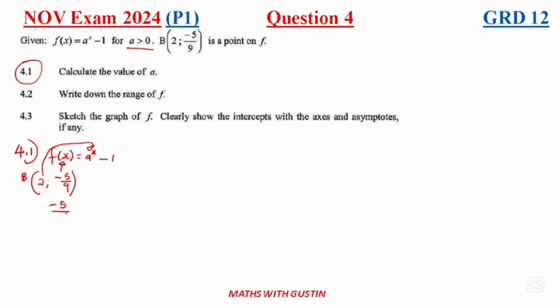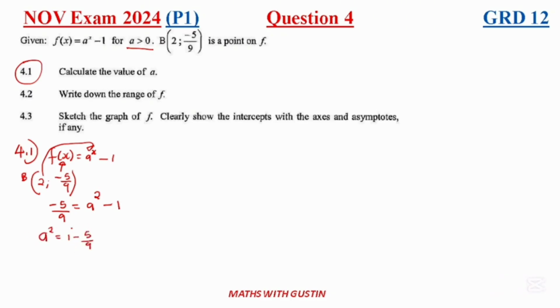Negative 5 over 9 is equal to a to the power of 2 minus 1. Okay, so we can take the negative 1 to the other side, then we're going to have a squared is equal to 1 minus 5 over 9.